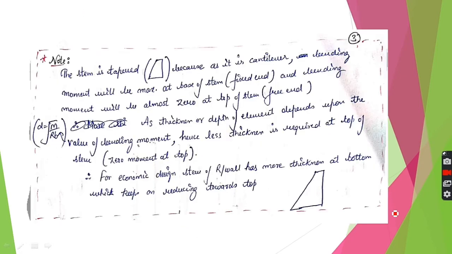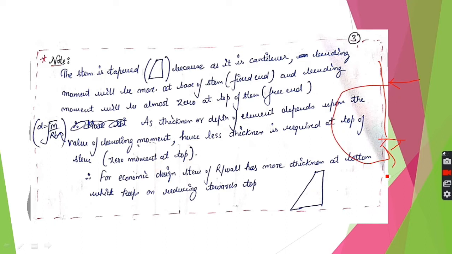So why are we providing the stem as tapered, that is, with different thicknesses at top and bottom? This is because of a very general concept. If this is your cantilever and the load is acting here, then the maximum moment will be here at the fixed end.